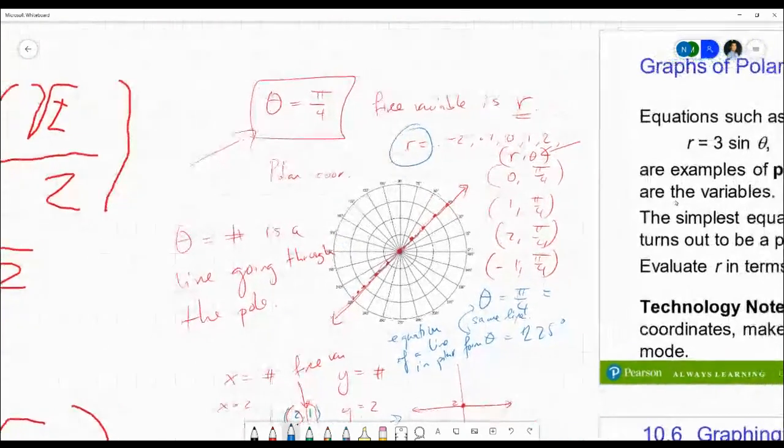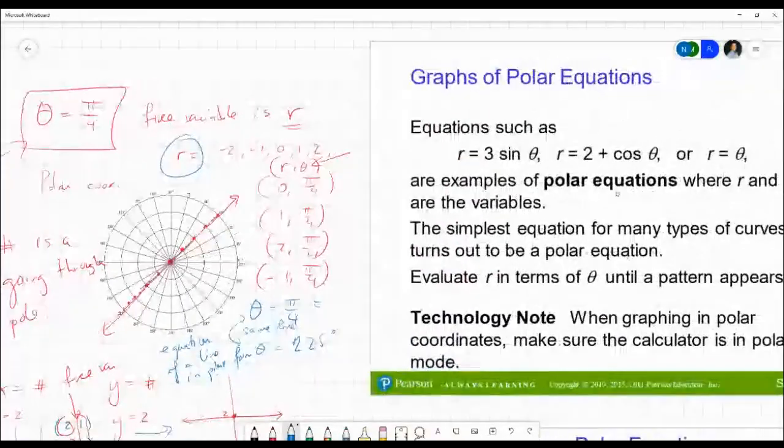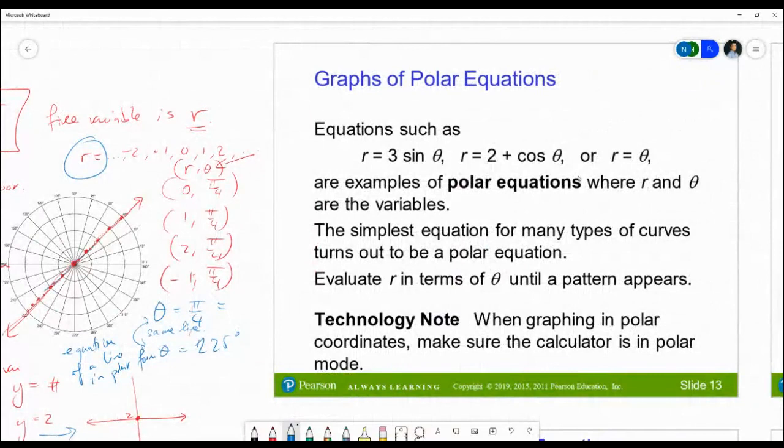Okay, so now let's talk about something a little bit more interesting. We're going to investigate r equals 3 sine theta and r equals 2 plus cosine theta, and we're going to look at the form and at what changes as we change the value of this and the value of theta.